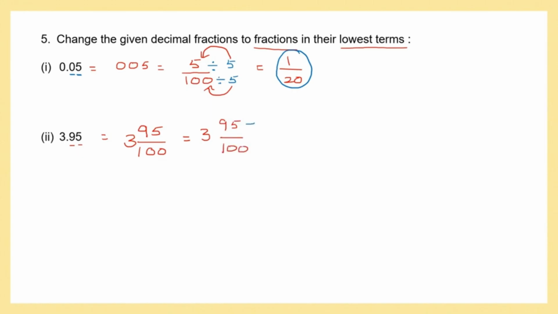They are divisible by 5. So what do I get when I divide 95 by 5? 5 ones are 5, 5 nines are 45. So I get 19, and 5 into what is 100? 20. Now don't forget to write this 3. 3, 19 by 20 is the final answer.